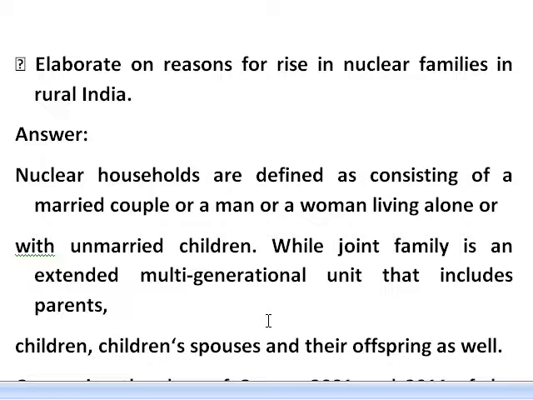Nuclear households are defined as consisting of a married couple, or a man or a woman living alone or with unmarried children, while a joint family is an extended multi-generational unit that includes parents, children, spouses, and their offspring as well.